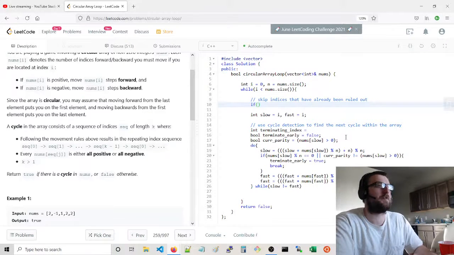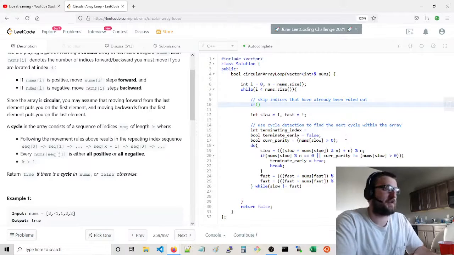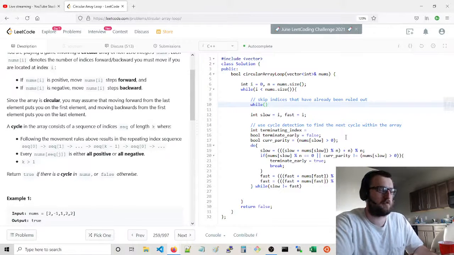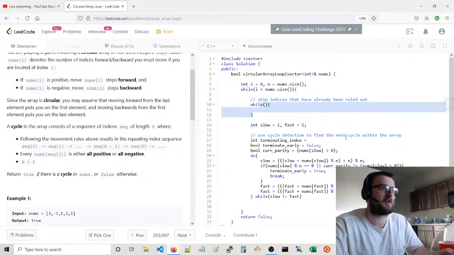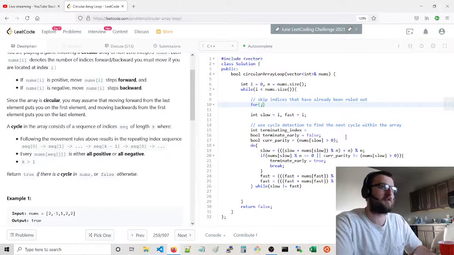So really it's like a for loop, quite frankly.